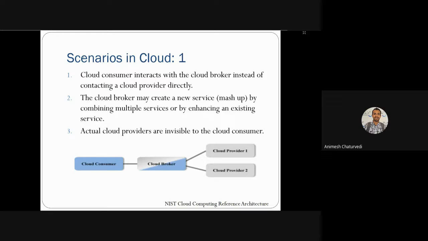Then the cloud broker may create a new service, a mashup, meaning it will mix the services of provider one and provider two, combine these two services, enhance the quality of these services, and provide it to the consumer. Then the actual cloud provider is invisible to the cloud consumer.